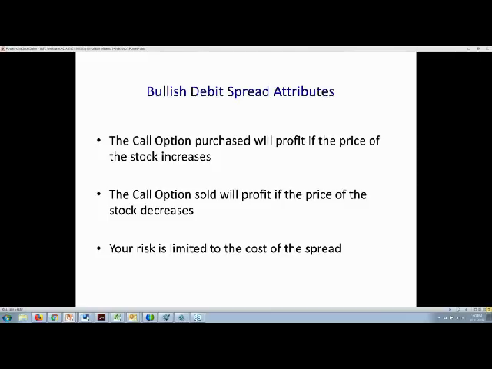The call option that you purchase, of course, profits if the price of the underlying stock increases. The call option that you sold will profit if the price of the stock decreases. So you have a long and a short position with these debit spreads, and your risk is limited to the cost of the spread.